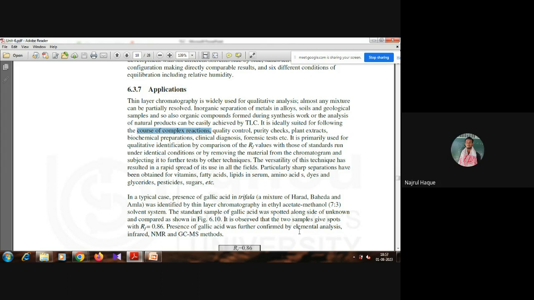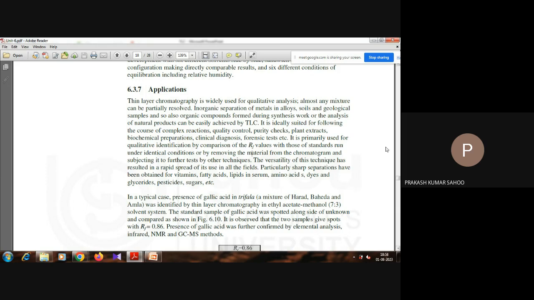If in TLC no reactant spot is there in the reaction mixture, that means the reactants have completely reacted. Like this is the course of the complex reaction. Then quality control, purity check, plant extract, biochemical preparation, clinical diagnosis, forensic test. In all these applications TLC is frequently used.